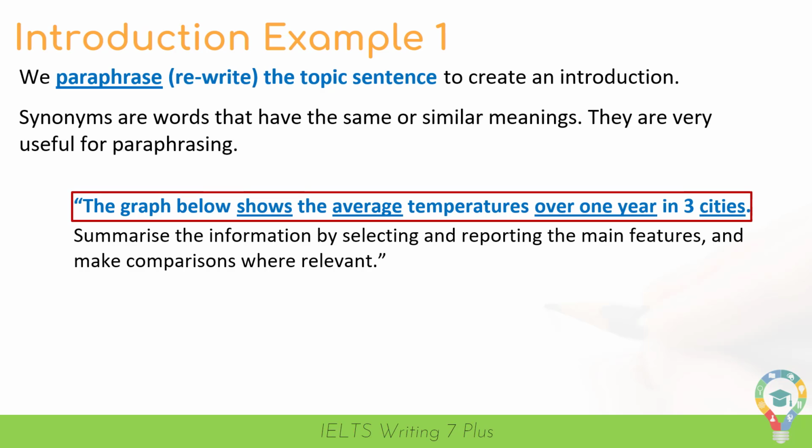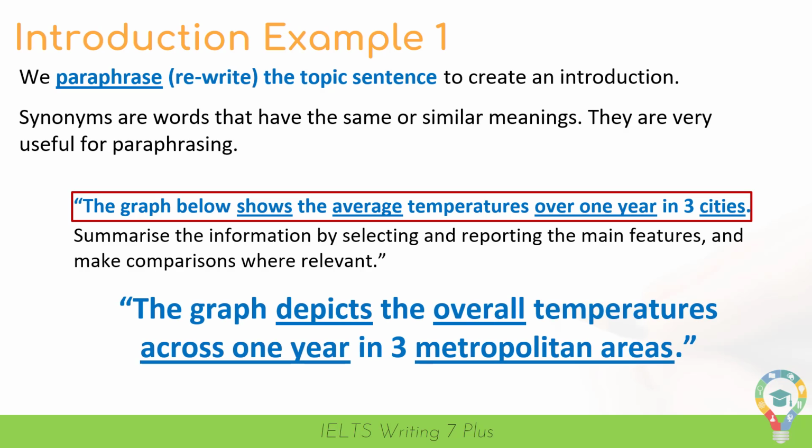So let's take a look at this sentence paraphrased to create my introduction. The graph depicts the overall temperatures across 1 year in 3 metropolitan areas. So I have simply rewritten and paraphrased the question to create my introduction.